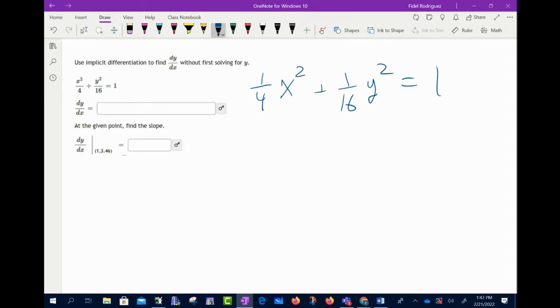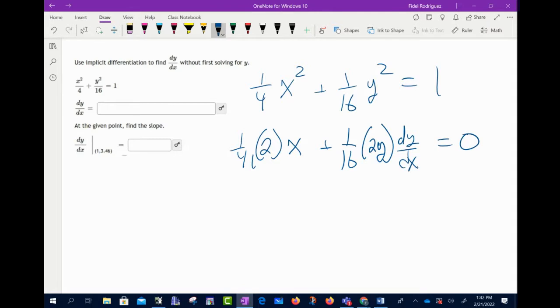And then when I start taking my derivative, I would say, look, 1/4 times 2x plus 1/16 times 2 with a y, and then a dy dx is equal to 0. Like that would have been my first step in this part.